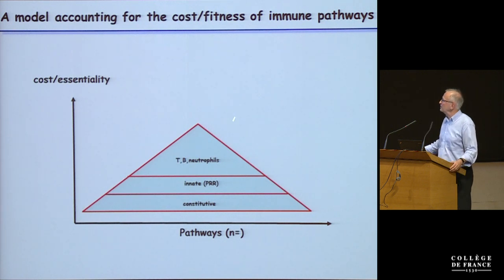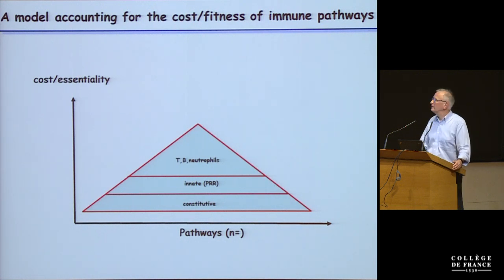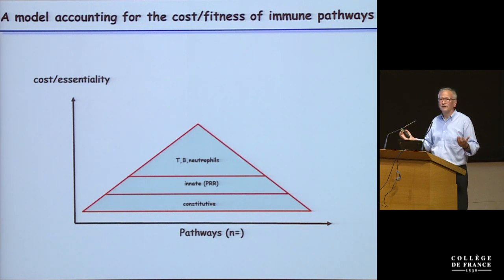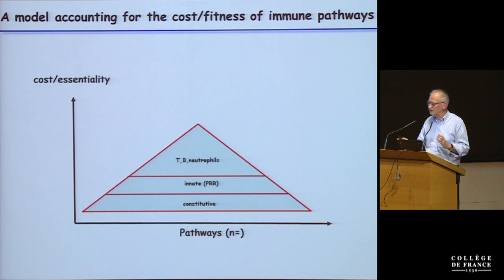In contrast, to use neutrophils and/or T cells and B cells in an immune response is going to cause lots of damage that cannot be fully accounted for by an individual, so that in terms of equilibrium, they had to be selected in a balanced manner to limit their function, so that there are not so many genes, not so many pathways, and they're heavily regulated. Of course, it's just a model.